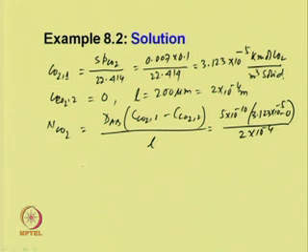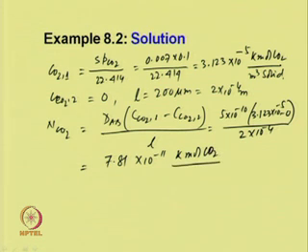So, it will be 7.81 into 10 to the power minus 11 k mole CO2 per meter square second.